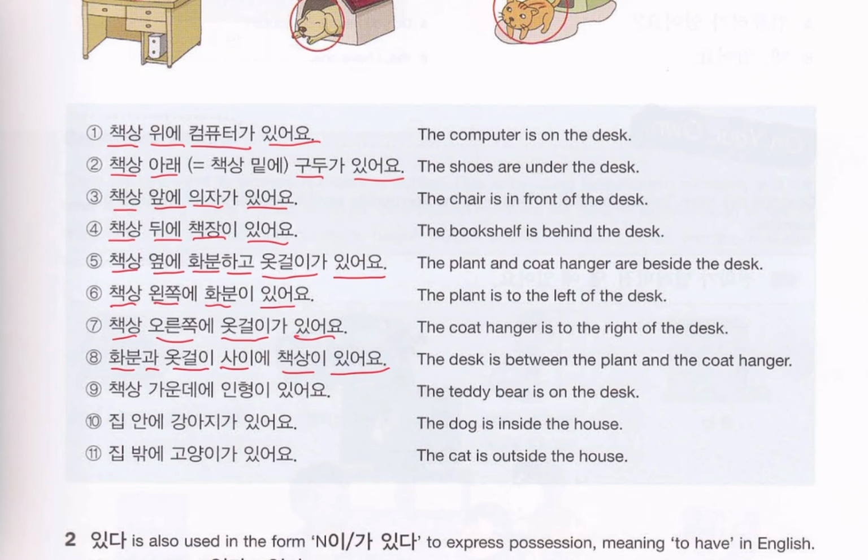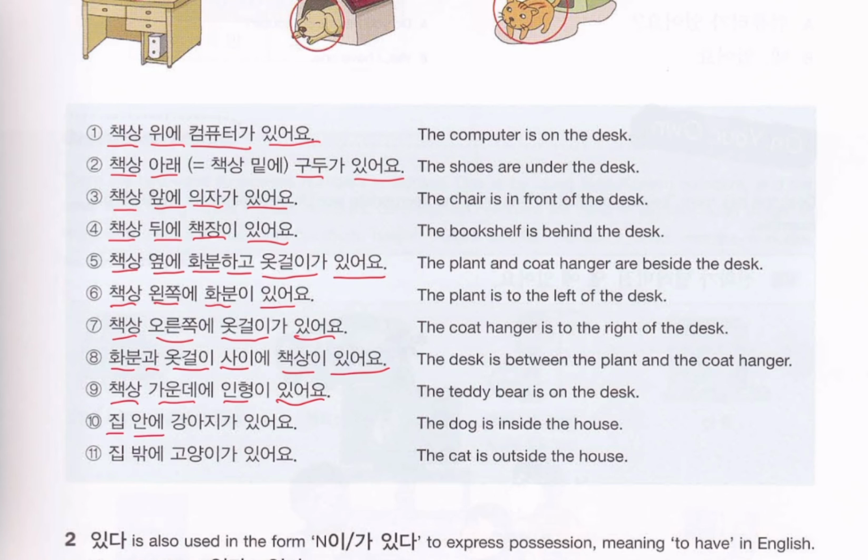So the desk is between the plant and the coat hanger. 책상 가운데 is in the middle. 인형 is doll and teddy bear and other things. 인형이 있어요. The teddy bear is on the desk and in the middle of the desk.